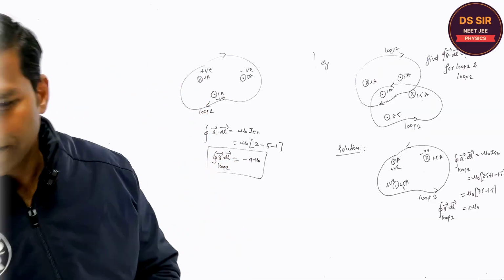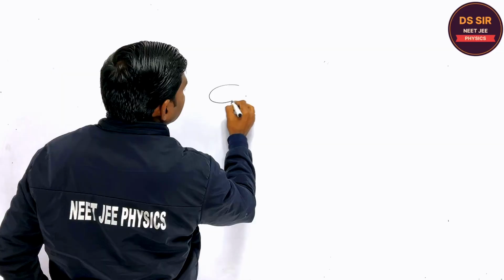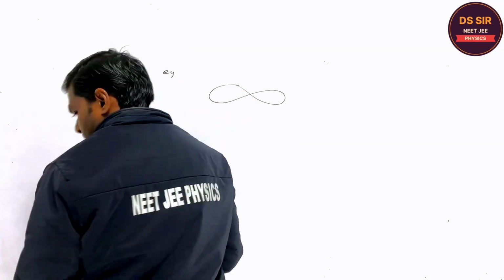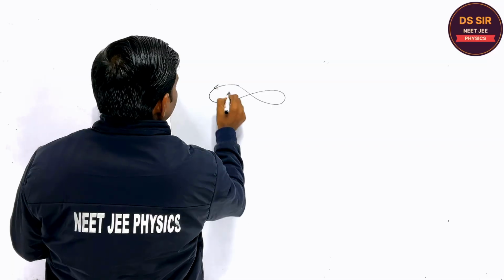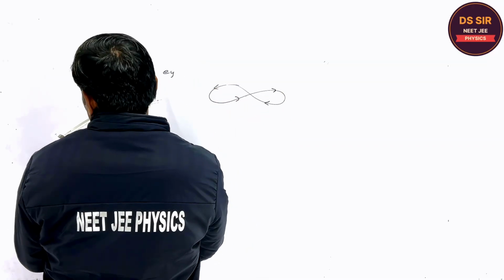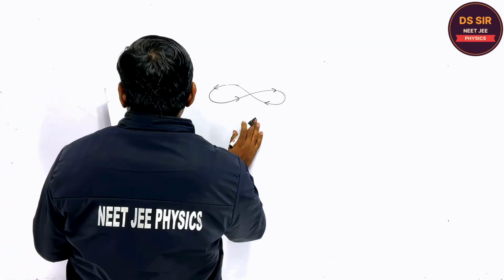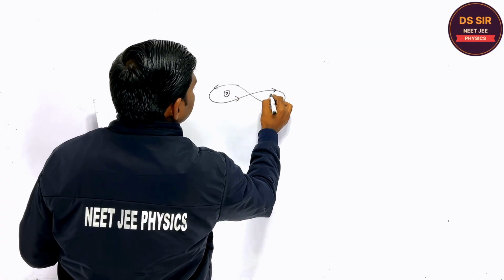Copy this. For example, we have a loop like this, and the current is like this. Is it clear or not? And this is the current and this is the current.